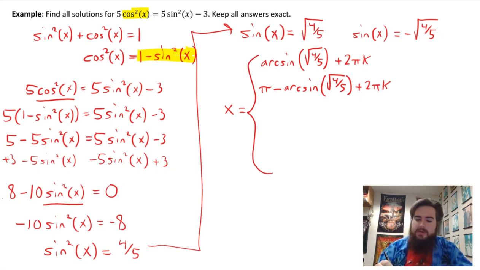We should also get some infinite solution sets from the second equation here, where we had negative square root of 4 over 5. However, the answers are going to look very similar here.